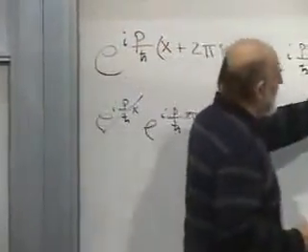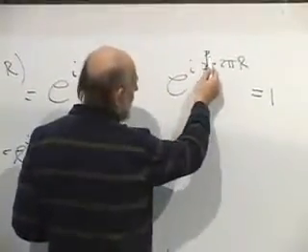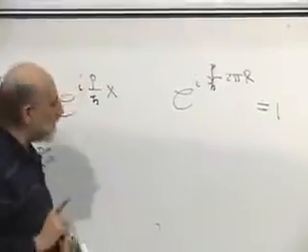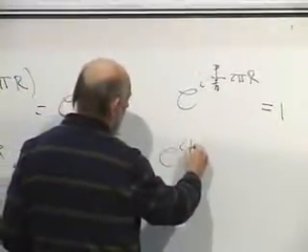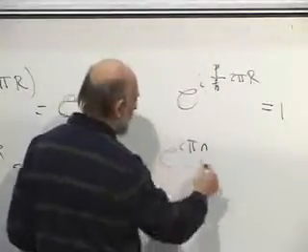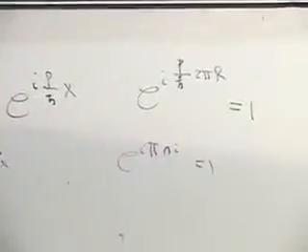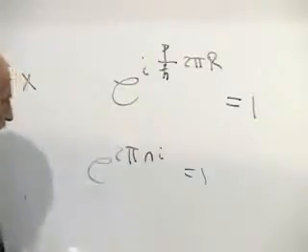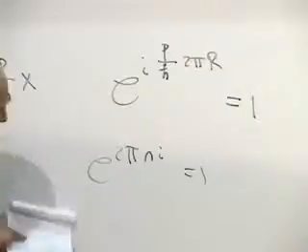The condition that this is equal to 1 is the same as saying that p over h bar times 2 pi r has to be an integer multiple of 2 pi. e to the 2 pi n i, where n is any integer, is equal to 1, and only if n is an integer. e to the 2 pi i is equal to 1; e to the 2 pi i to the nth power is equal to 1.